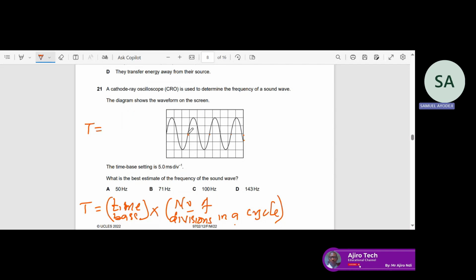This is 1, this is 2, this is 3. This place is going to give me around 3.5 or more than 3, maybe 3.6. It extends beyond 3.5, so 3.5 or 3.6.